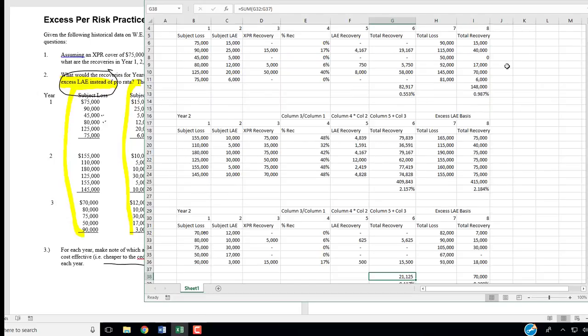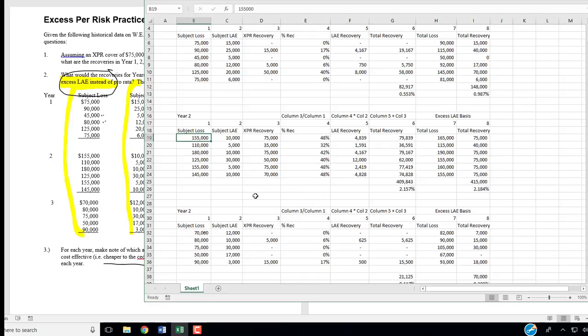The only time that you're going to find LAE on a pro rata basis being better than on an excess of loss basis is when you have maybe a small retention, like maybe a 75,000 excess of 25. And that means that the reinsurer might pay a significant percentage of the subject loss.